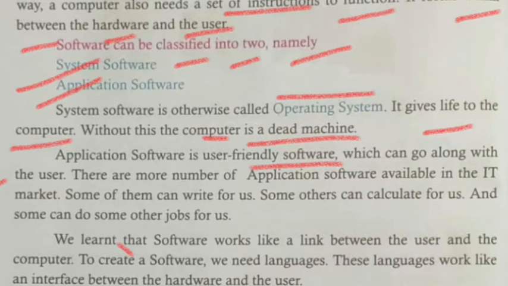That's why we are sitting comfortably in our houses nowadays. Some of them can write for us, some others can calculate for us, and some can do some other job for us. Like, I don't know how to go to the supermarket, it shows direction. So many software is there, children, like this.